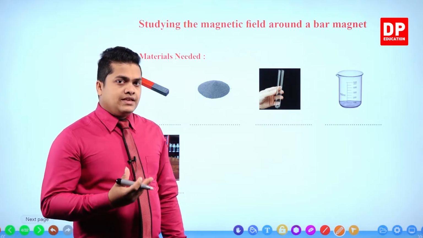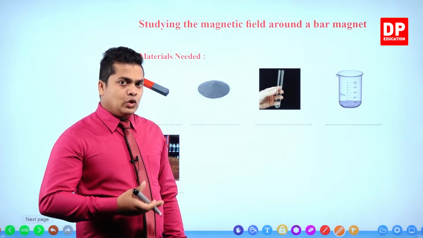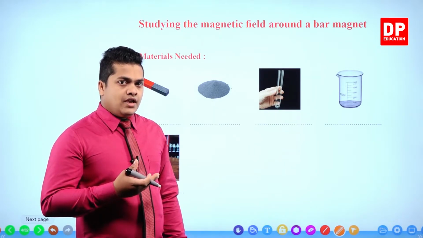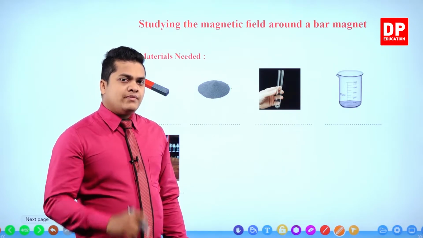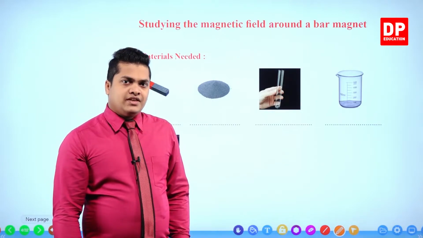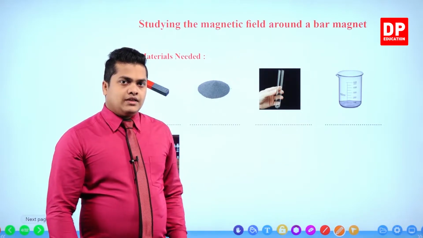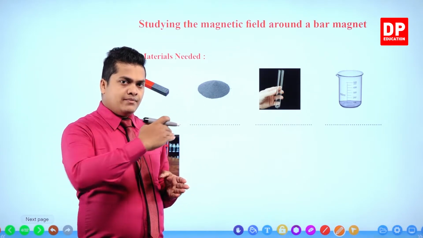Now in the earlier experiment, we placed the magnet below the A4 sheet and we found the magnetic field in a two-dimensional array. Two-dimensional array means here we can observe the iron filings lengthwise and breadthwise.